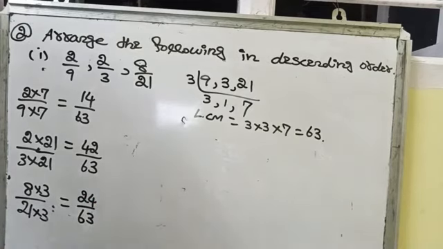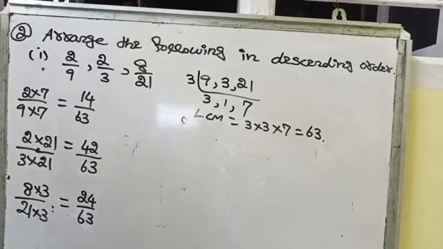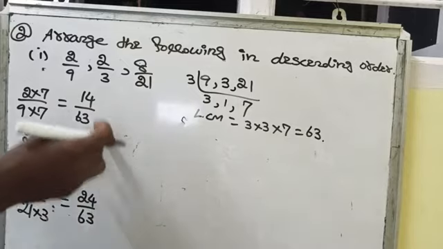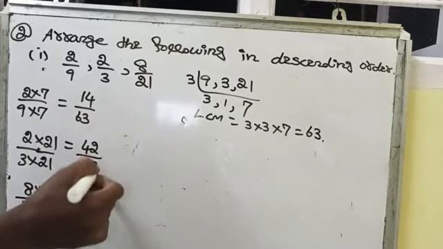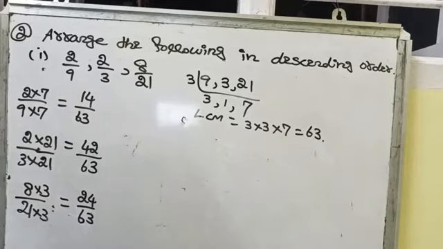Now among these three fractions, which fraction has the greatest numerator? Because now all the wholes are equal: 63, 63, 63. Which part is the maximum among these three? 42.